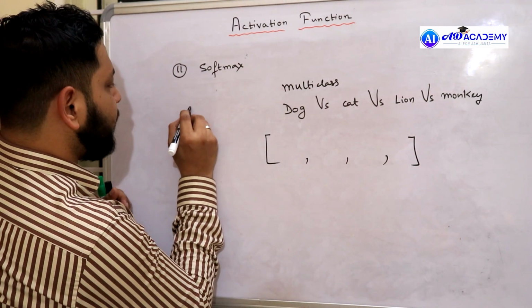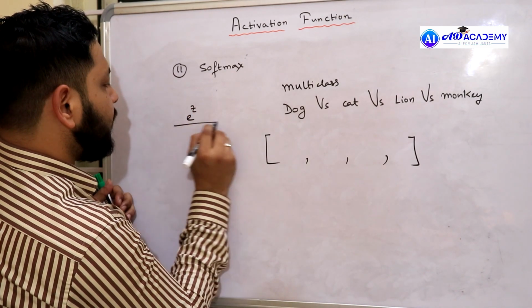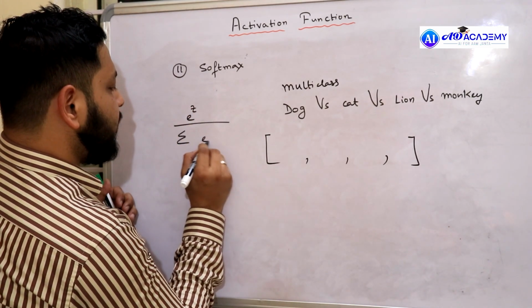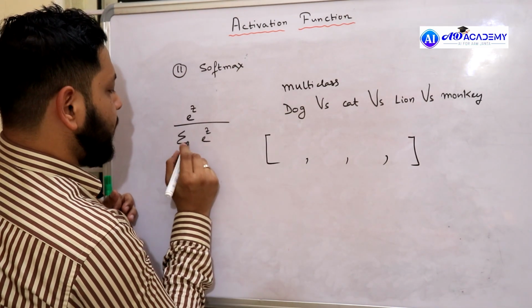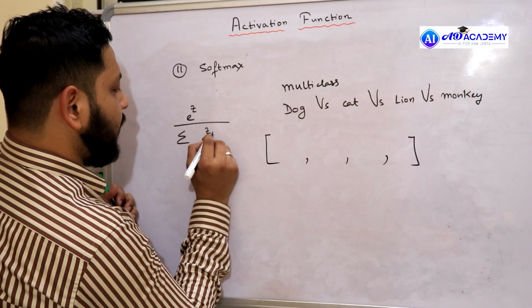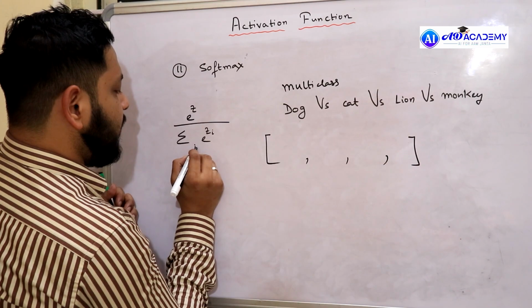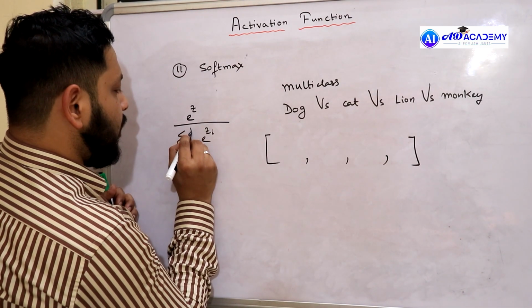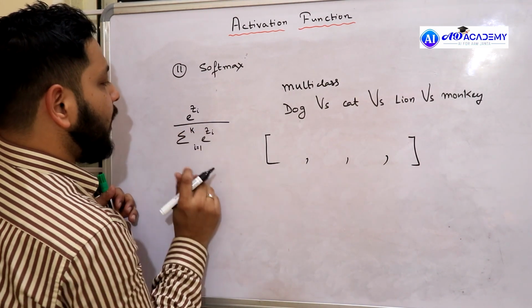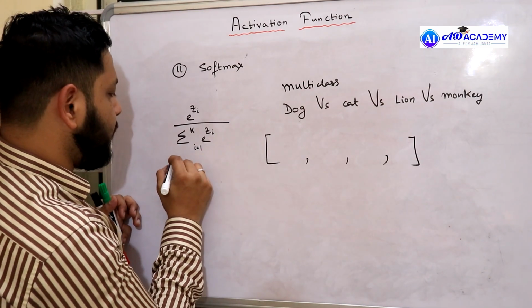There is one function: e to the power z_i divided by the summation of e to the power z_j, where j runs from 1 to k. This will give you the probability value.